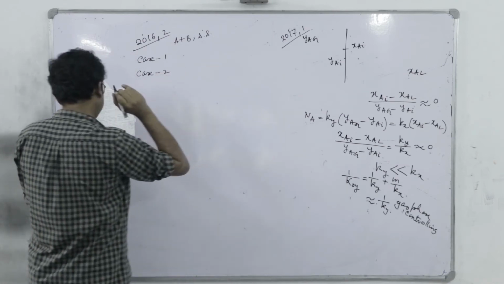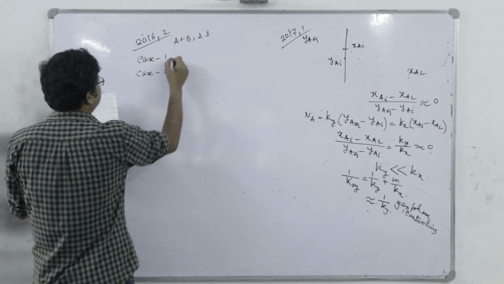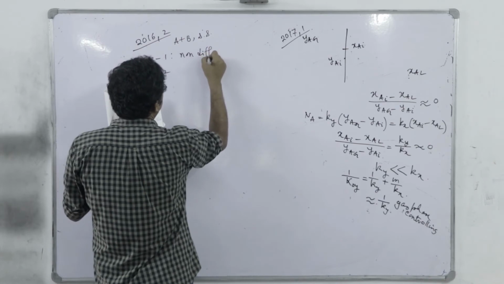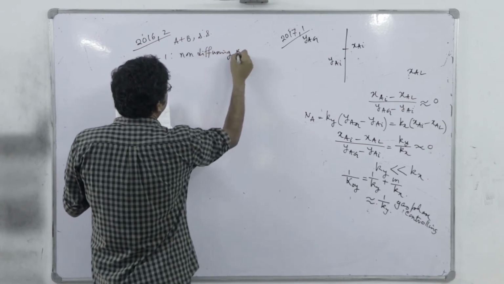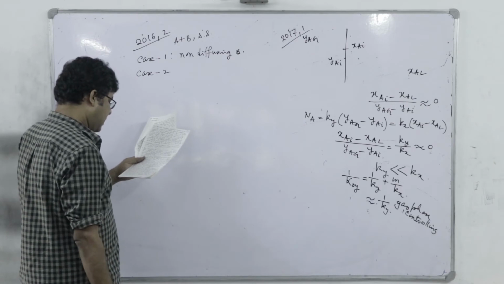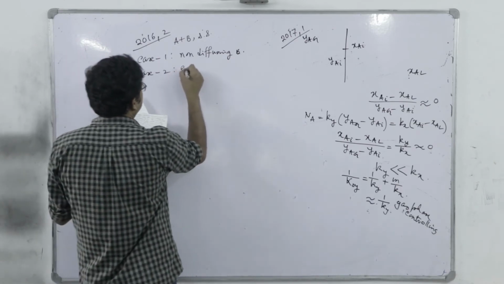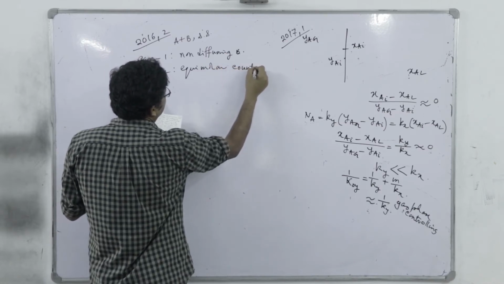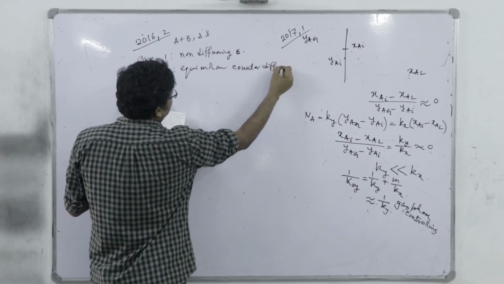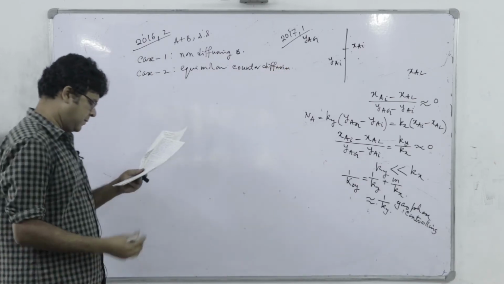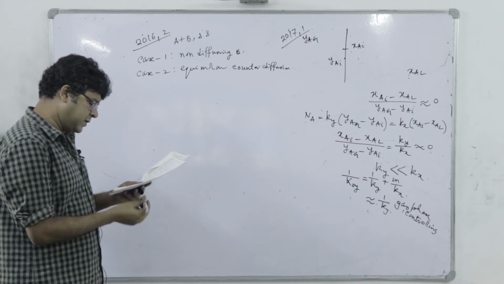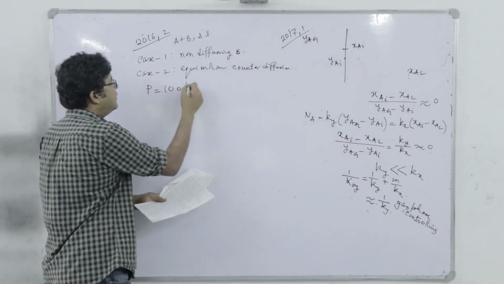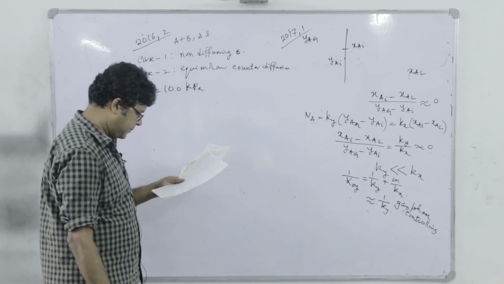In case 1, the diffusion of A occurs through non-diffusing B. So this is non-diffusing B, right? And in case 2, equimolar counter diffusion. Okay? In both the cases, the total pressure P is 100 kilopascal, right?